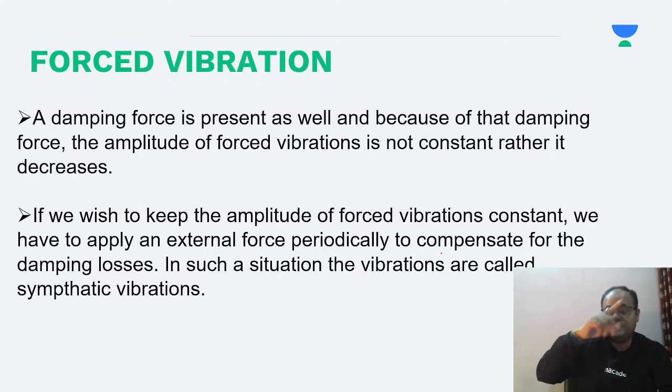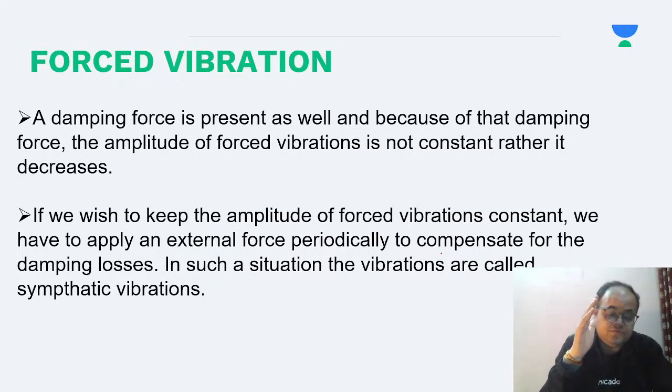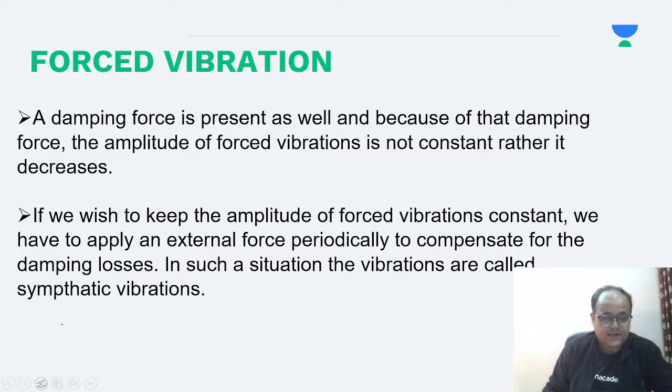Because of the resistance, the amplitude has decreased, so we applied an external force, and this force ensured that the oscillation, I mean the amplitude, is intact. When a body undergoes such kind of motion, we call it sympathetic vibrations.